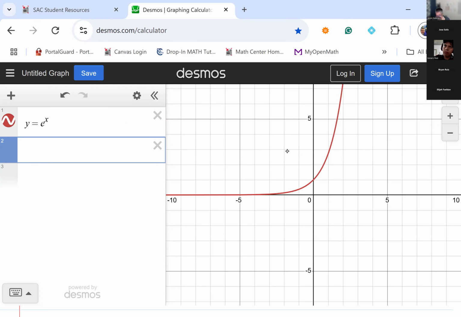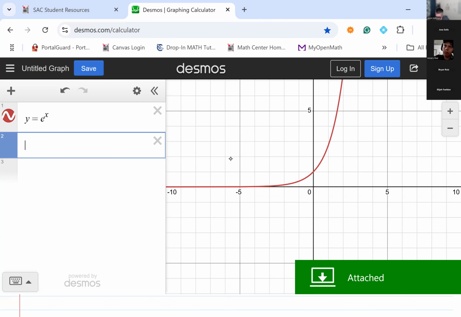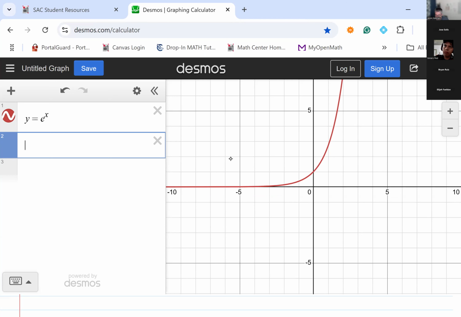Let's now look at our Taylor polynomial and see what happens when I start adding successive terms. Let's start adding more and more terms to our Taylor polynomial. We have y equals e to the second power.